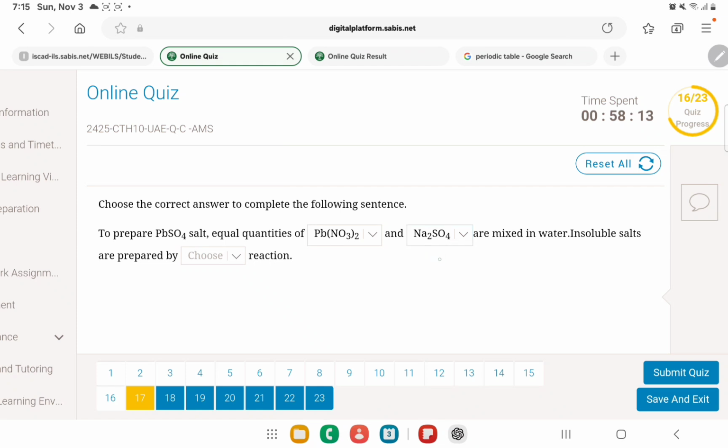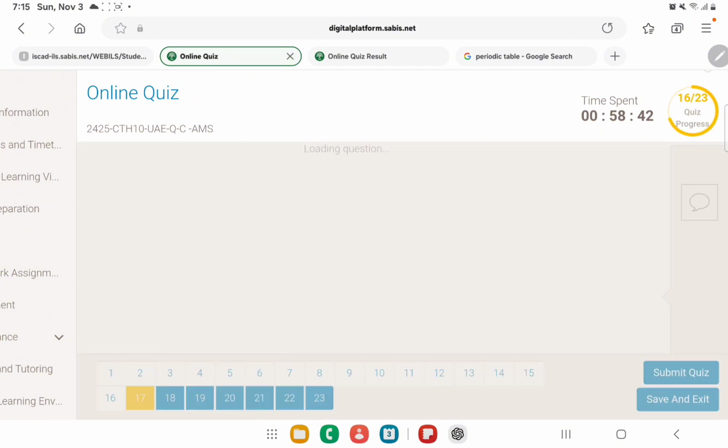So we're going to use PbNO3 and NaSO4, and let's just check. If we go in and out, we're going to get PbSO4 and NaNO3. Is that what they wanted? Yep. So we're going to use the precipitation reaction, because both salts need to be soluble and we're preparing an insoluble salt.